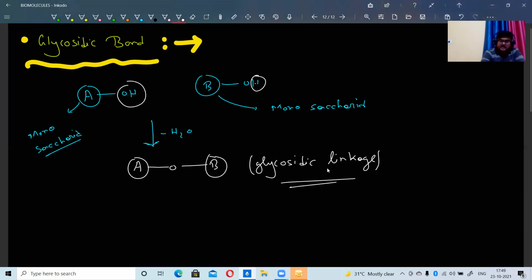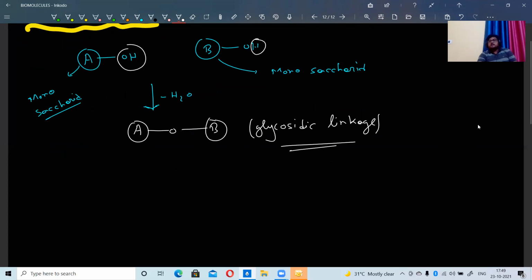Now, what is glycosidic linkage? We can say it is basically an oxide linkage, and it is also an ether linkage.